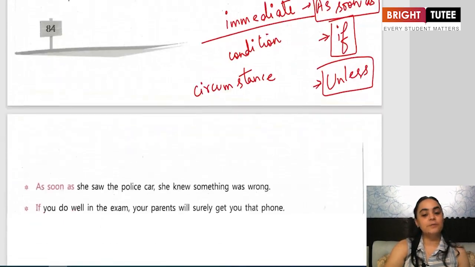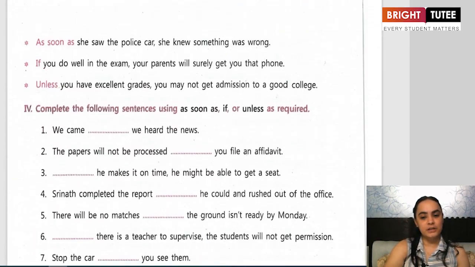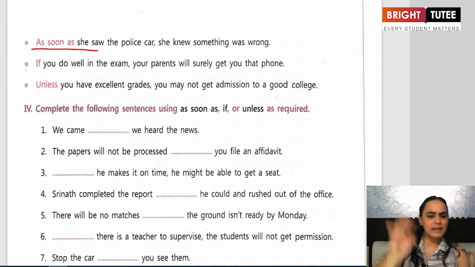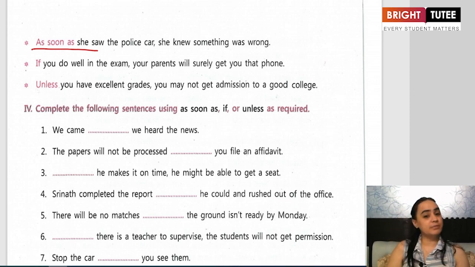Let us look at a few more examples that are given in your book. As soon as she saw the police car, she knew something was wrong. So, immediate effect. The moment she saw the police car, immediately she got to know there was something wrong. If you do well in the exam, your parents will surely get you that phone. So, what is the condition for your parents to buy you a phone?